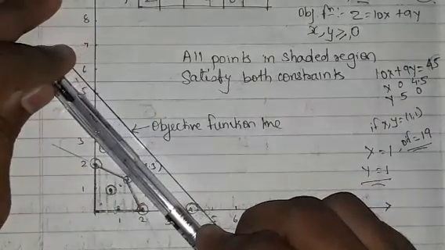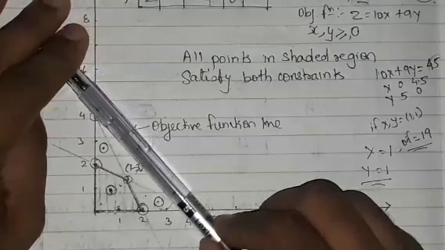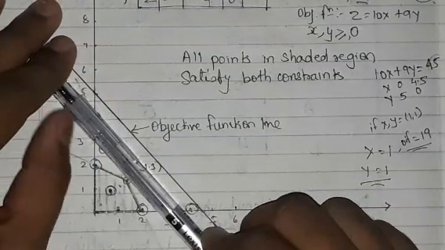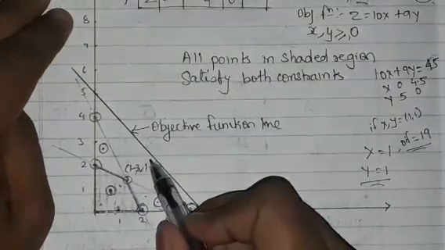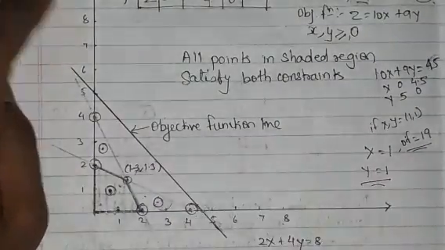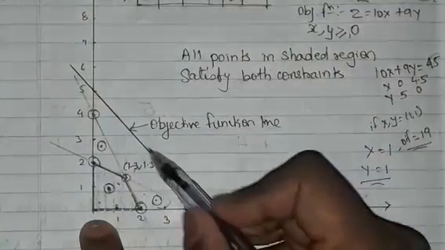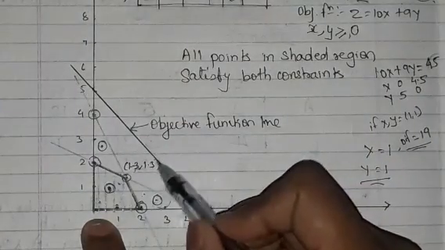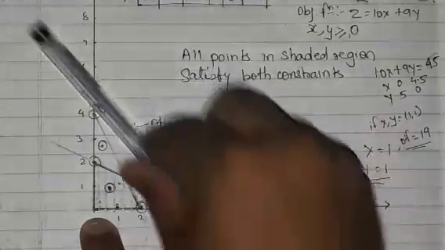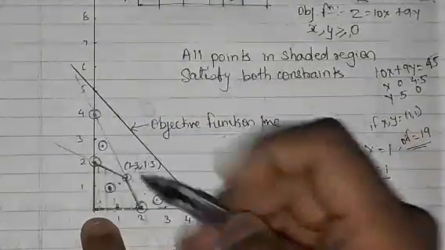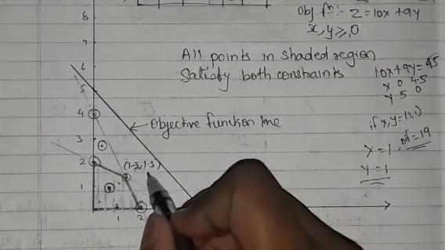When I take the first point that meets this objective function, that is the point which I am going to consider, because that point will give me the maximum value of the objective function, right? The first point which is going to touch this objective function line would be the farthest from the origin, right? So when I take this, I'll touch this point, which is 1.3 comma 1.3.